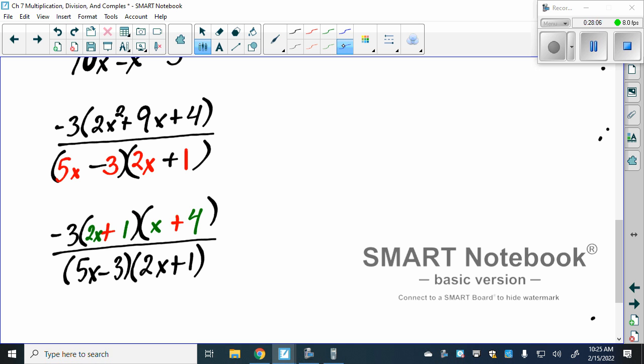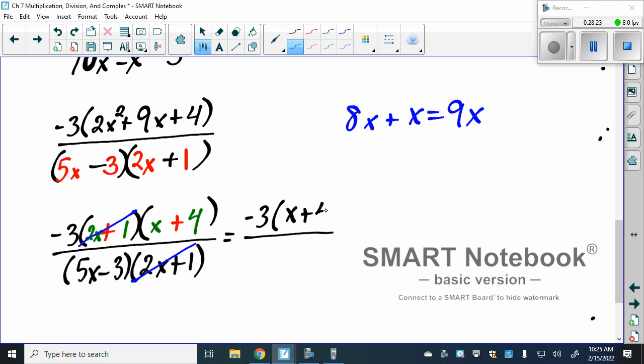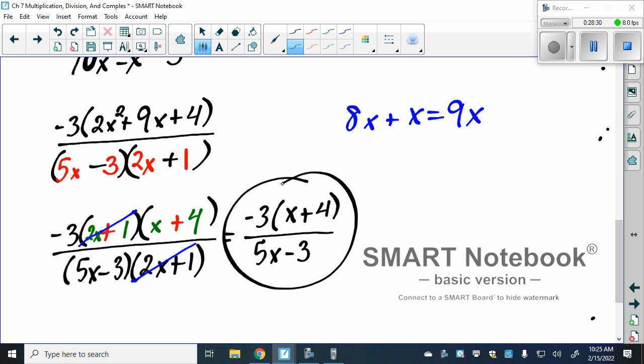And if we check this here, 2x times 4 is 8x. 1 times x is x, which gives a total of 9x, which means these here would cancel out, telling us that we have negative 3 times x plus 4 over 5x minus 3. And that's it.